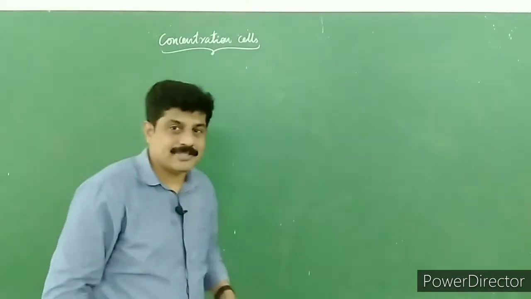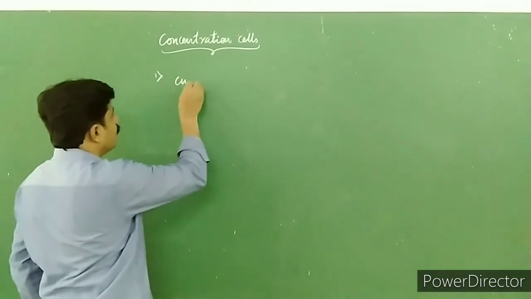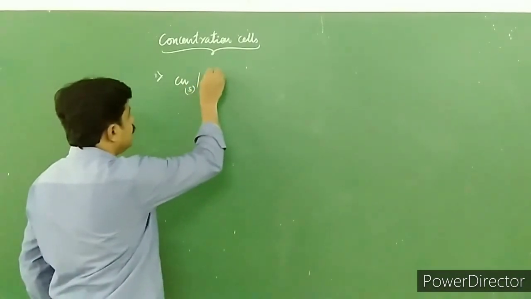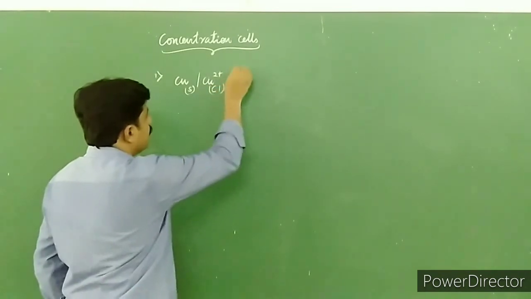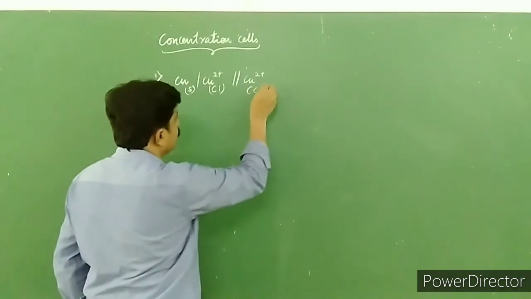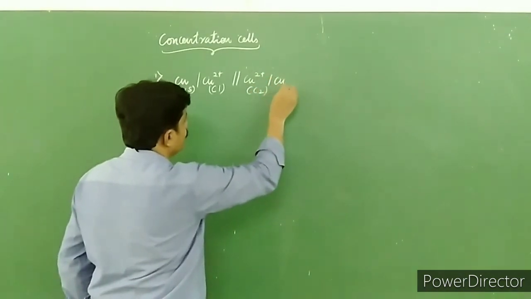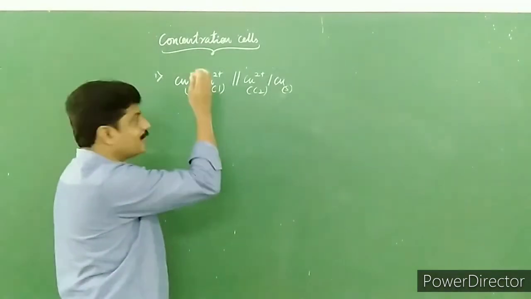Let me quote some examples, children. Number 1: Cu solid bar Cu2 plus C1 double bar Cu2 plus C2 bar Cu solid. Children, this is the cell representation for copper.